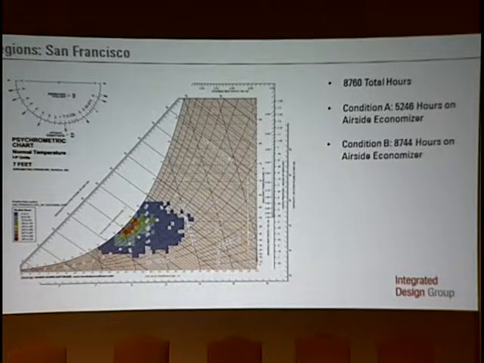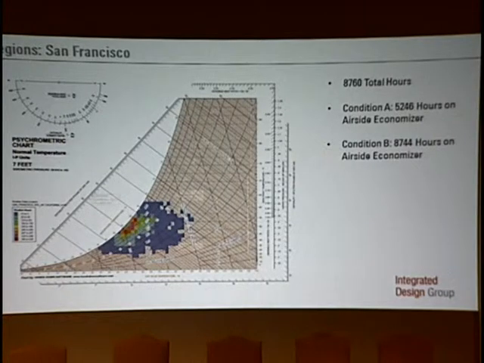That's like 60 degrees right here. So most of your hours are between 50 and 60. The absolute humidity, the dew points, are between 40 and 60, which are pretty good.